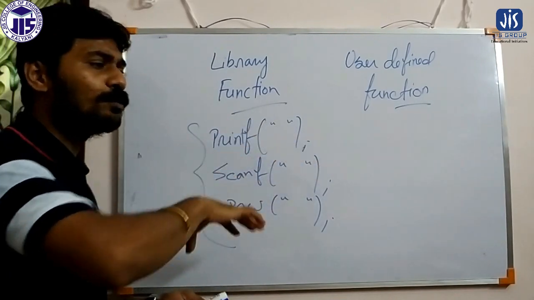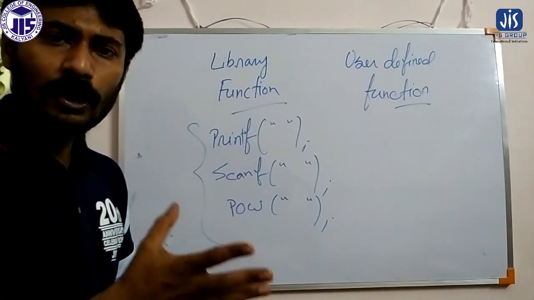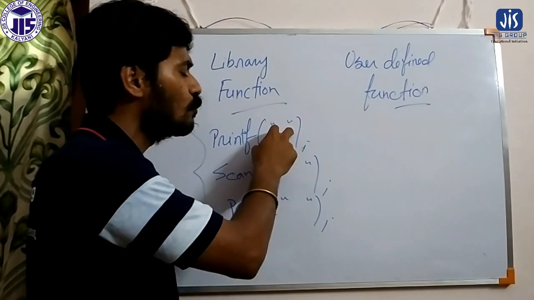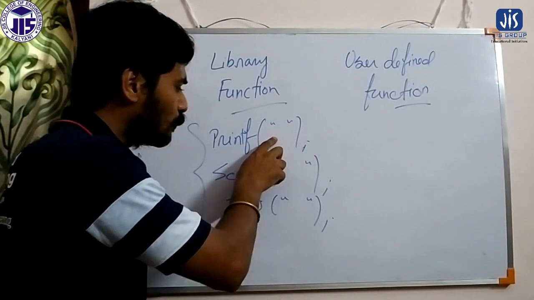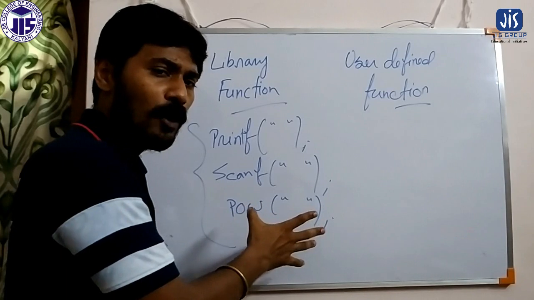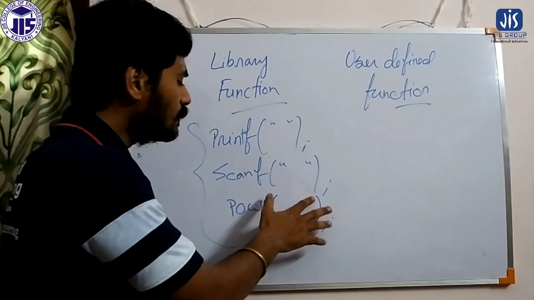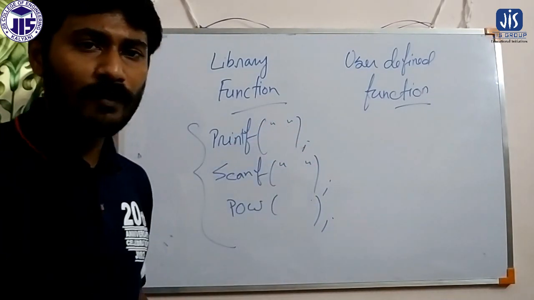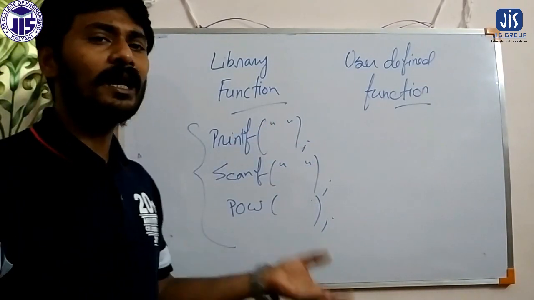The syntax of these functions is also predefined, we cannot change it. That means for printf we have to use parentheses and a semicolon, and write inside it; the same for scanf and the pow function. The syntax of these functions and their purpose are written within the library.